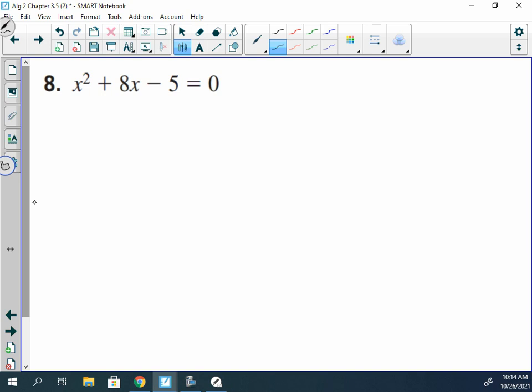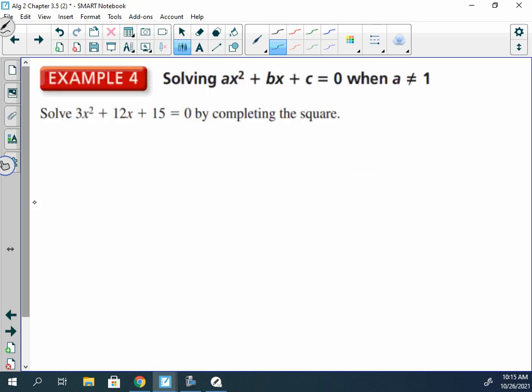Do we feel comfortable with this kind of problem here? Because we're still going to look at more, but they're going to be a little bit different. So we feel good, Reagan? Okay. Let's look at this one here. What makes this problem different than the ones we've done thus far?